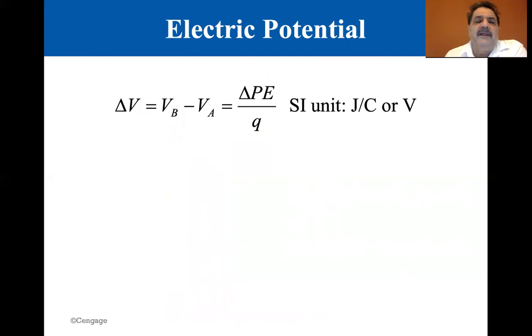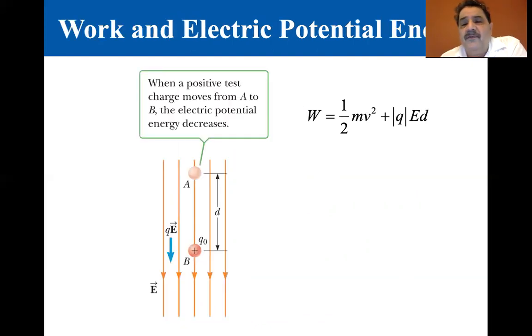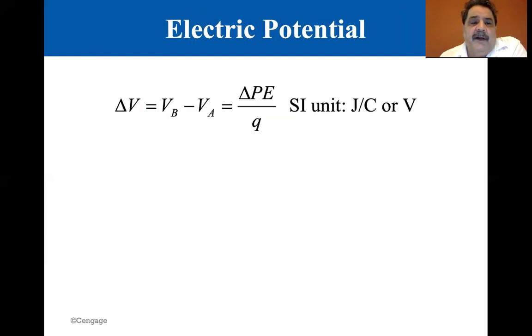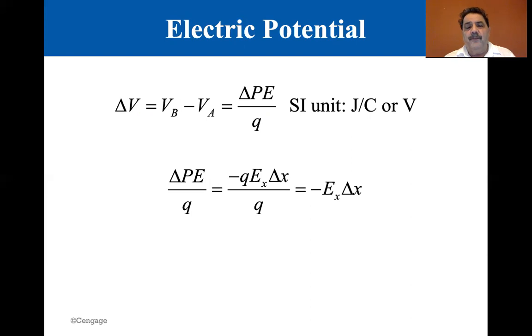So we're going to define a volt here. Delta V equals V_B minus V_A is equal to the change of the potential energy divided by Q, Q being expressed in coulombs and PE being expressed in joules. So the SI unit of electric potential is joules per coulomb, or volt. So a volt is joules per coulomb.